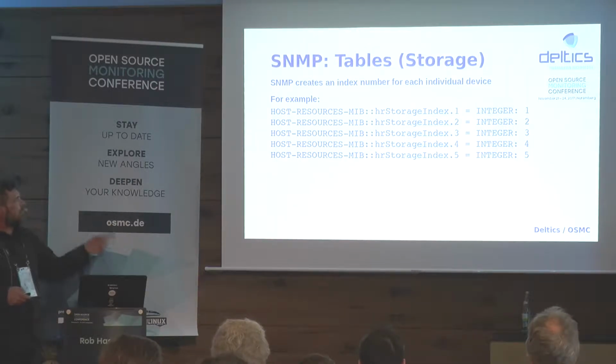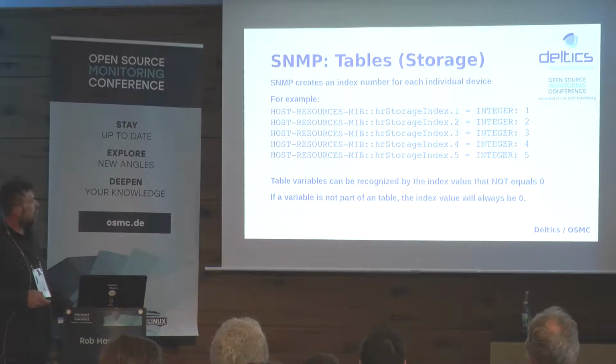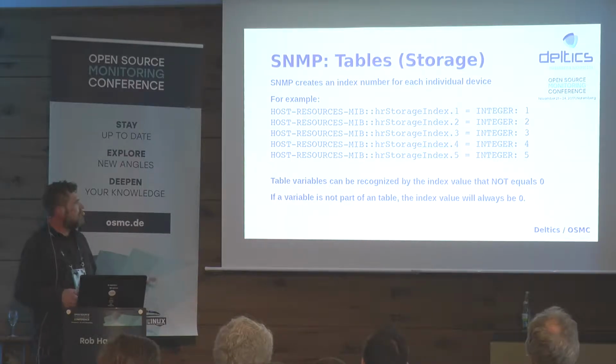In this example, we have 5 storage devices, and it creates a unique index number for each device. So if we want to get information about just one device, we can ask for just the information that ends with 4, and I'll show it in the next example.